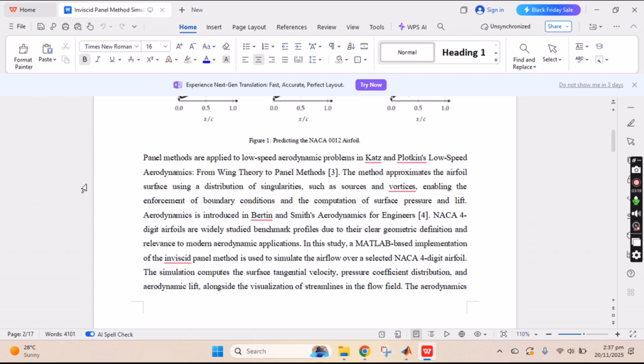So in the MATLAB simulation, we developed the inviscid panel method and simulated the airflow over the selected NACA 4-digit airfoil. In the airflow we calculated the velocity, the pressure coefficient distribution, and the aerodynamic lift, alongside the visualization of streamlines in the flow field.